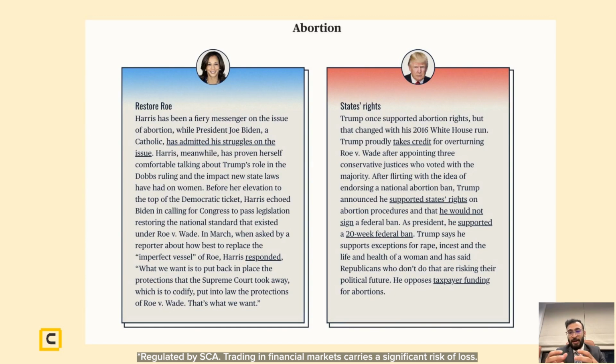And then this is where Donald Trump announced that he supports states' rights on abortion procedures. And again, he would not sign a federal ban, but as president, he supported a 20-week federal ban, and that happened when he was the president. And this is something which is again a very critical issue.